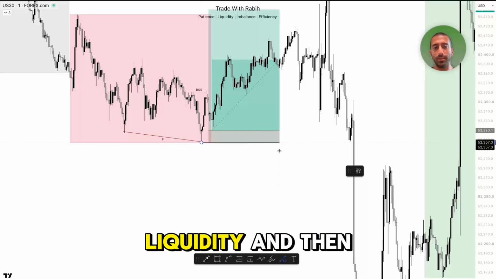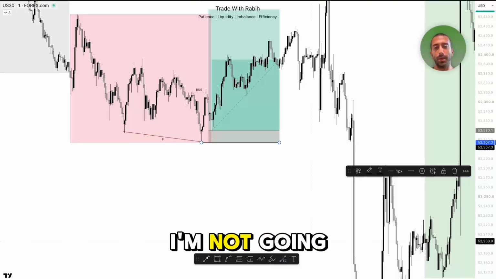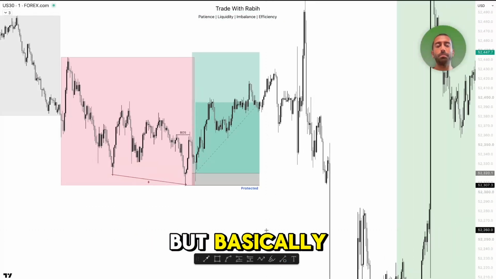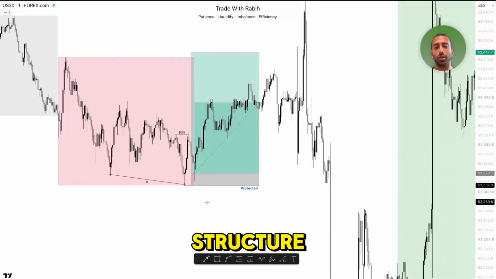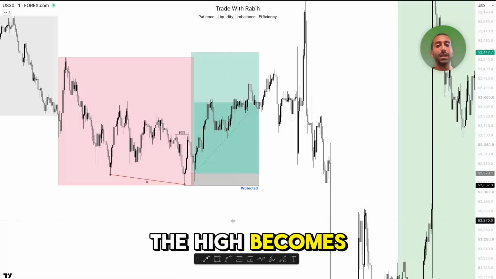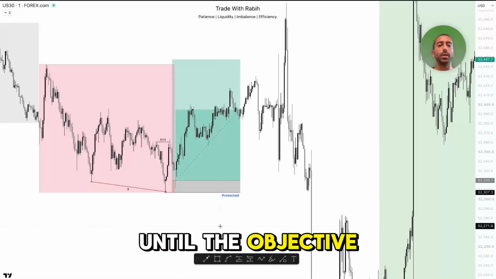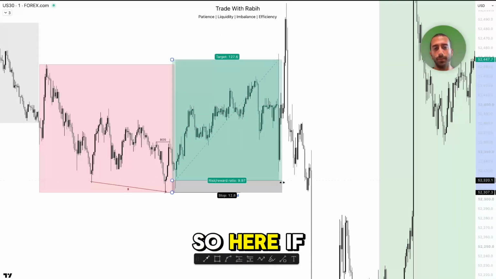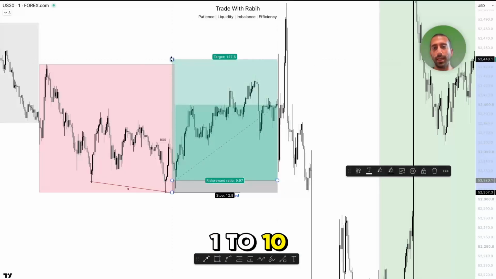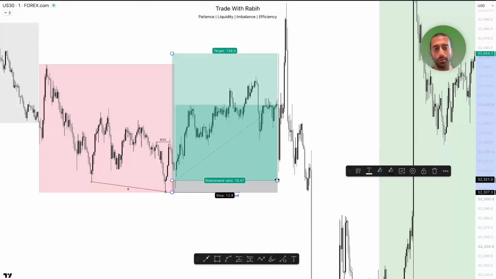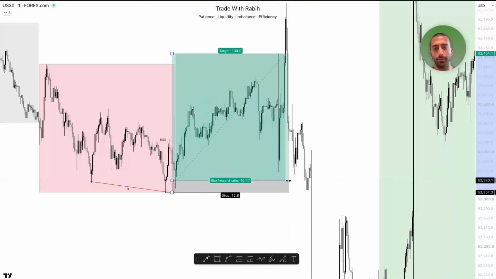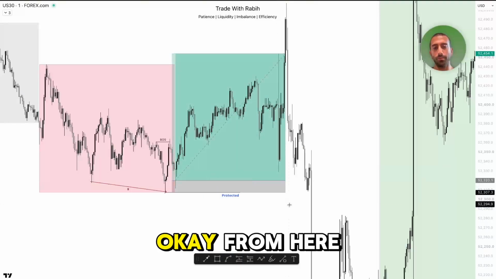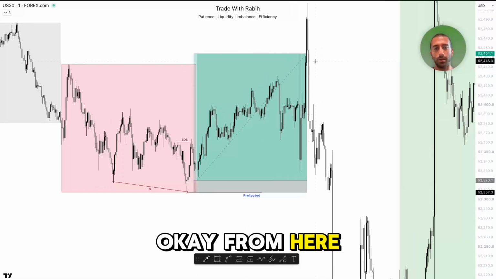Because we swept liquidity and then we broke structure. I'm not going to talk about protecteds now, but basically, anytime price sweeps liquidity and breaks structure, the low or the high becomes protected until the objective is done. So here, if you take a 1 to 10 trade setup, it will go straight to your TP. Okay? From here until here.